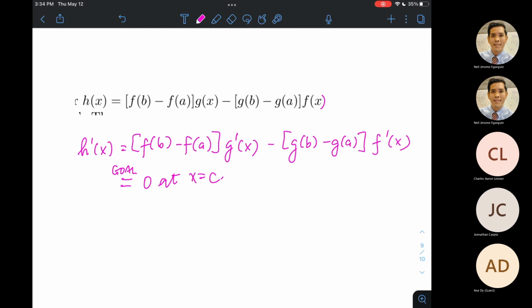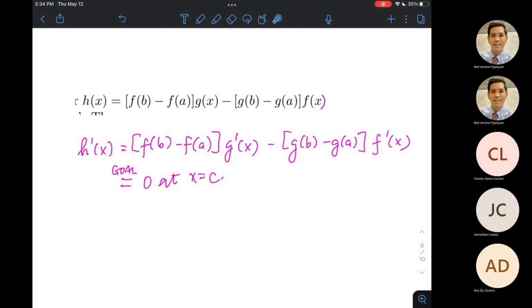But how can we show that that is equal to 0? Well, kailangan na natin ipakita na nagsi-0 yung derivative at some number in the interior. Okay? At ano nga ba yung tool natin na makakapagpakita na yung derivative ay nagsi-0? And that is Rolle's Theorem.